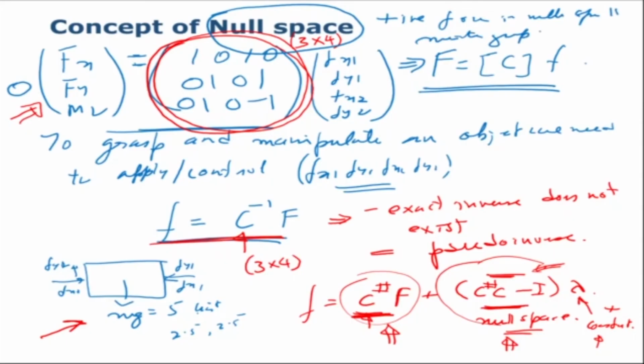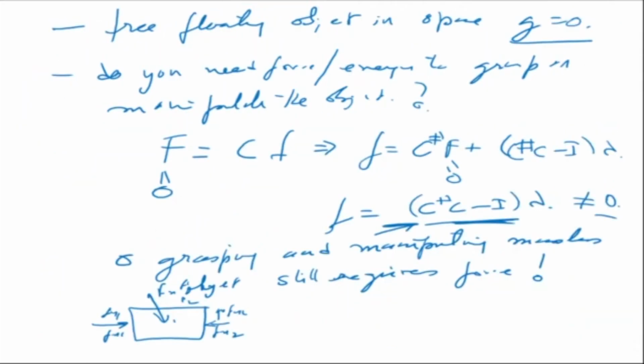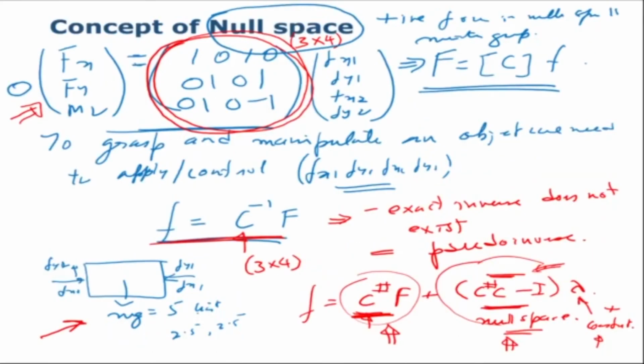So even if this part were to become equal to 0, then also this part will be there. Now in this particular example, what will be the forces in the null space? Can you guess? Simply by looking at this figure, if Fy is equal to 0, that's fine, it will still hold.